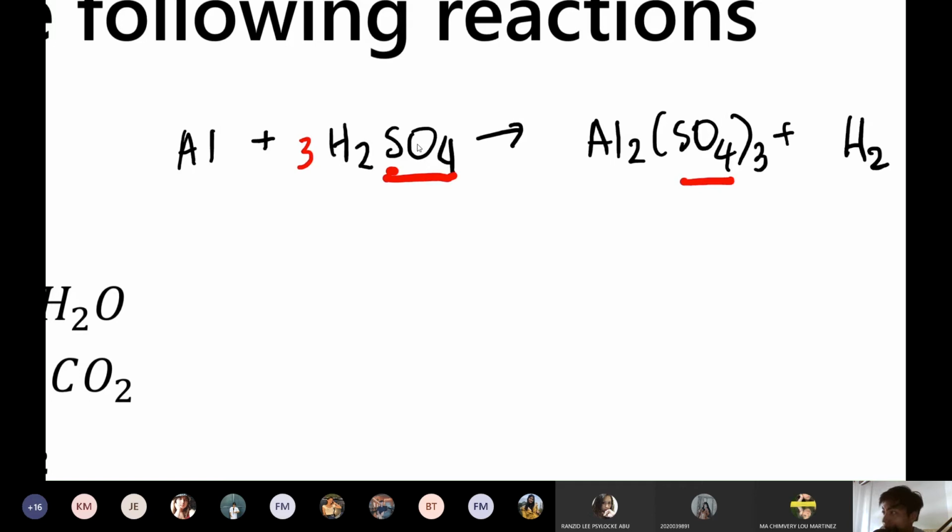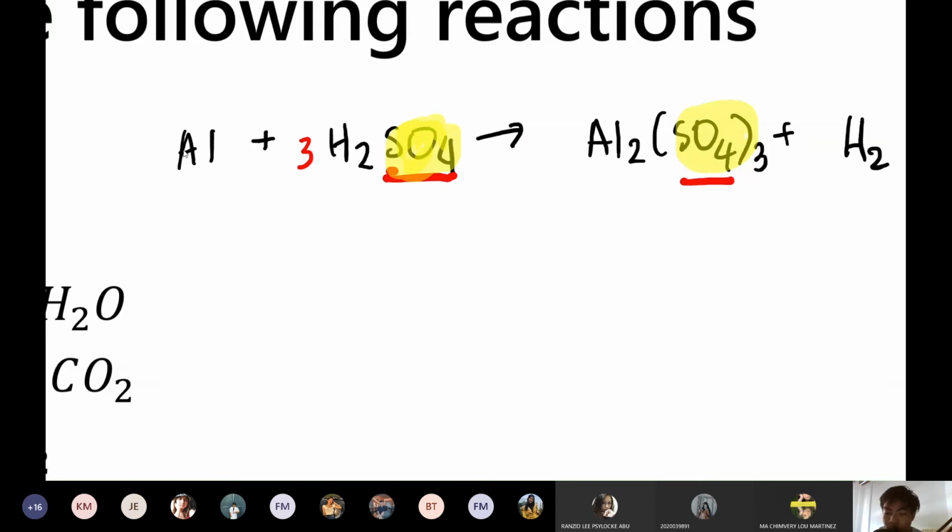Okay, so once they are balanced, ano na ginagawa mo? You balance the other atoms na. Set aside uli natin sila because they are already balanced. Wala na tayong gagawin dyan. Ano na yung ibabalance natin? Yung remaining atoms, aluminum and hydrogen. Okay? So aluminum, I have one aluminum here. Dalawa sa product.